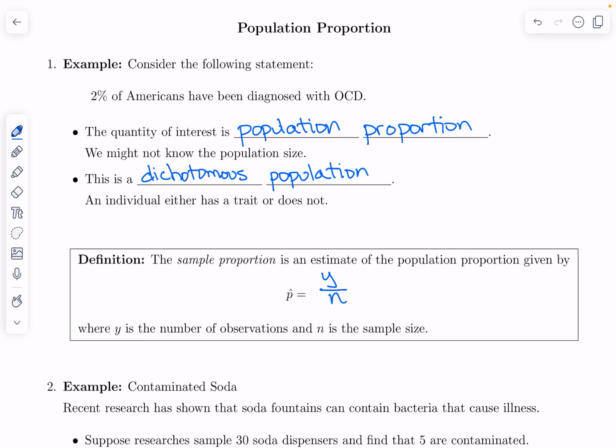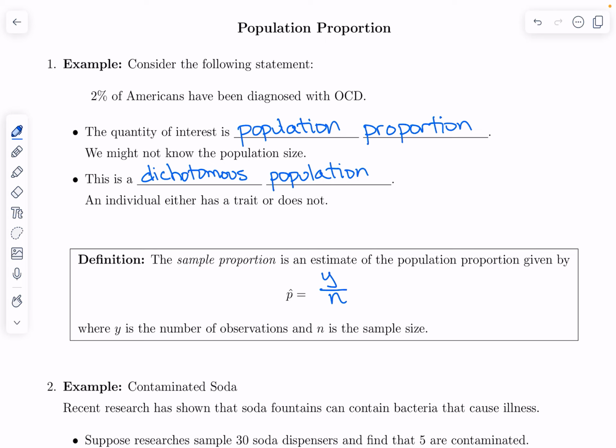Y here is the number of observations that have a particular trait, and n is the total sample size. So if we survey 100 Americans and 2 of them say that they have been diagnosed with OCD, our sample proportion would be 2 out of 100, or 2% of Americans have been diagnosed with OCD.